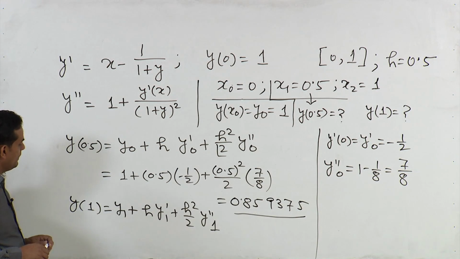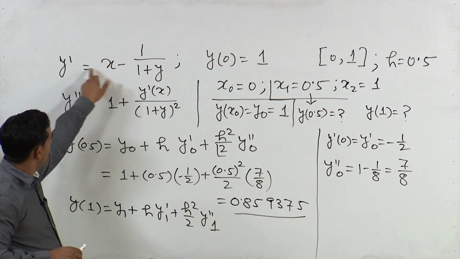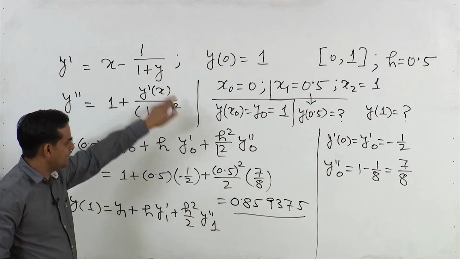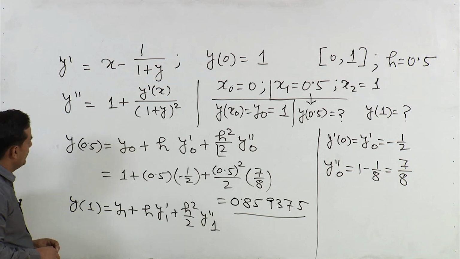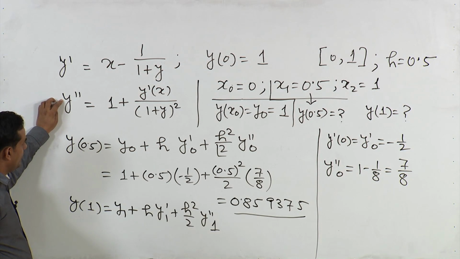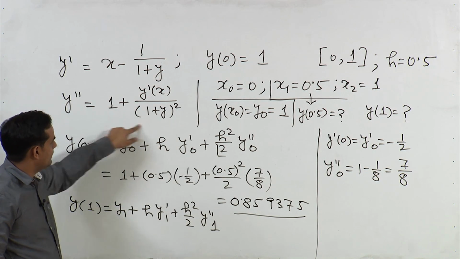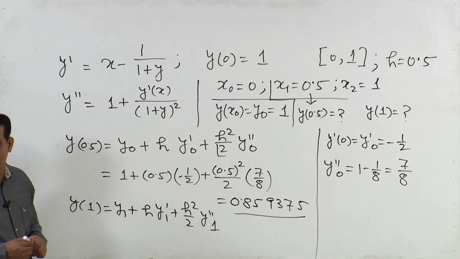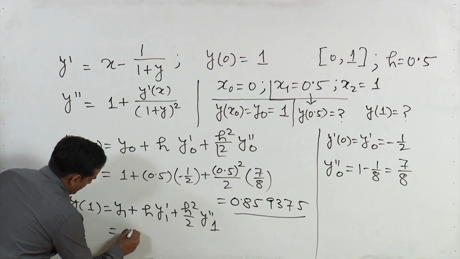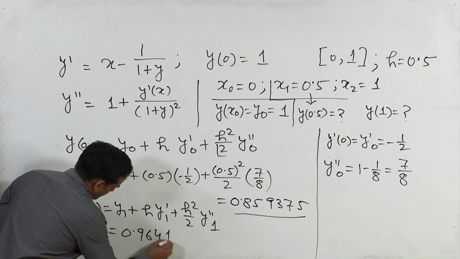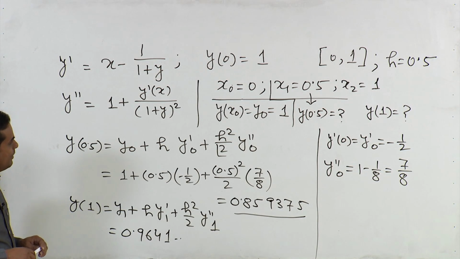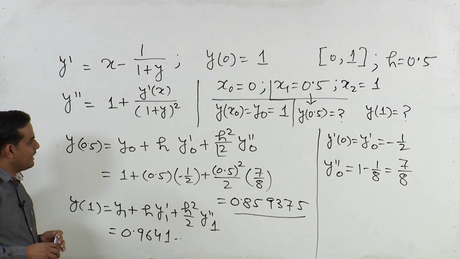I will calculate the value of y prime 1 from this formula after putting the value of x as 0.5 and y as this value, and then similarly I can calculate y double prime with the help of this expression, and then finally I will get this value, which is coming out to be something like 0.9641 and so on.